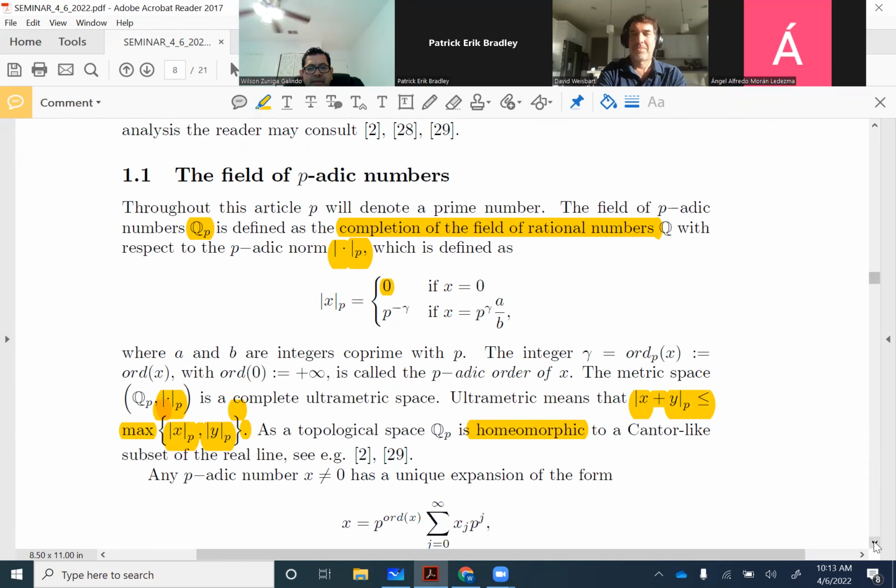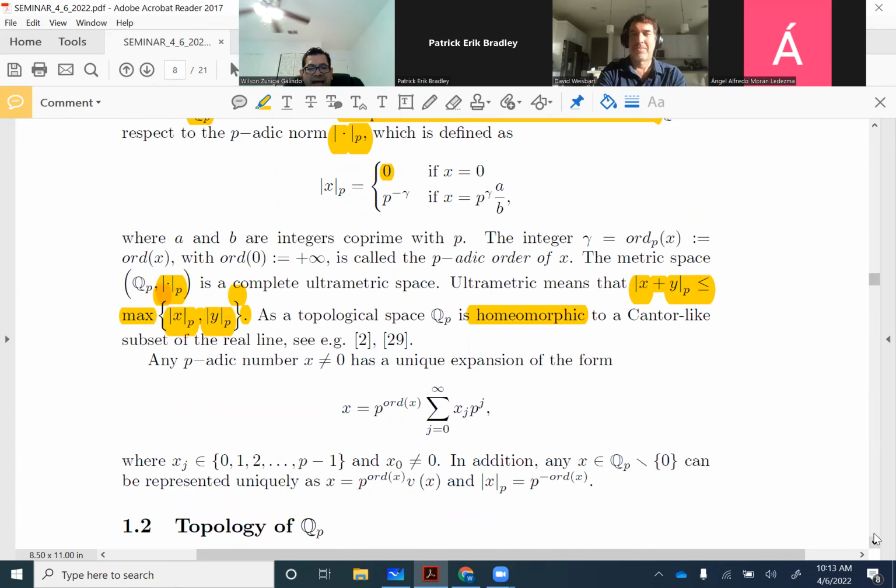Now, any p-adic number different from 0 can be represented in this form. It's a series of this form. In this series, the x_j are p-adic digits. In other words, x_j is an element of this set. It is necessary to take x_0 different from 0.